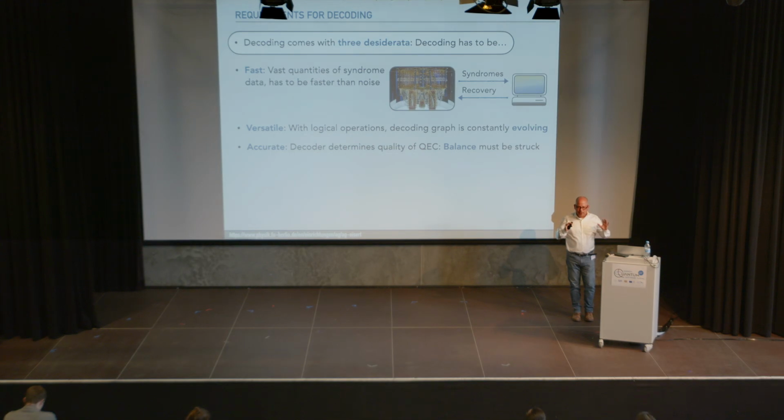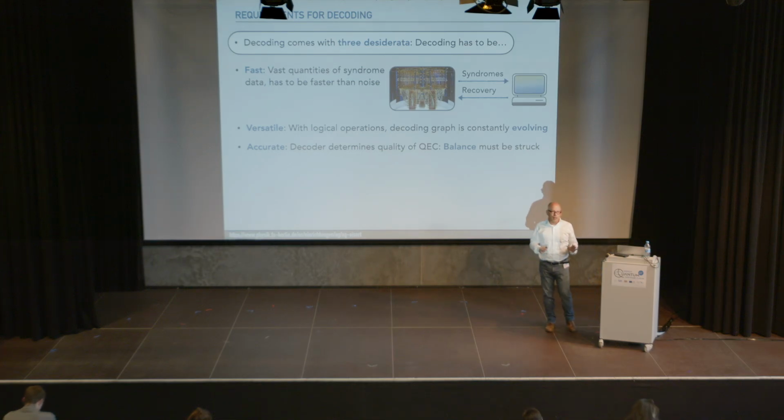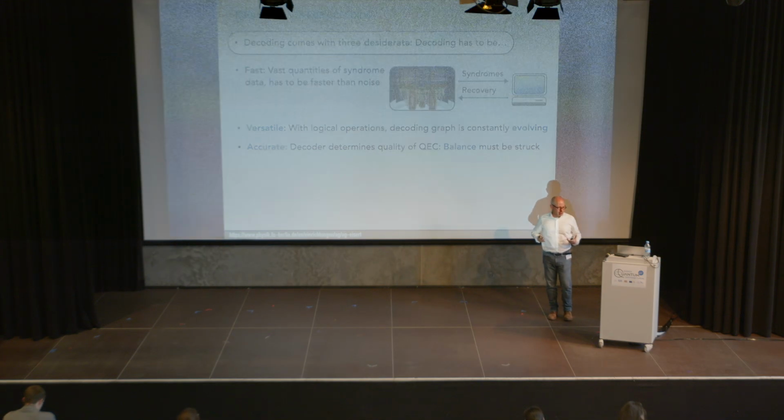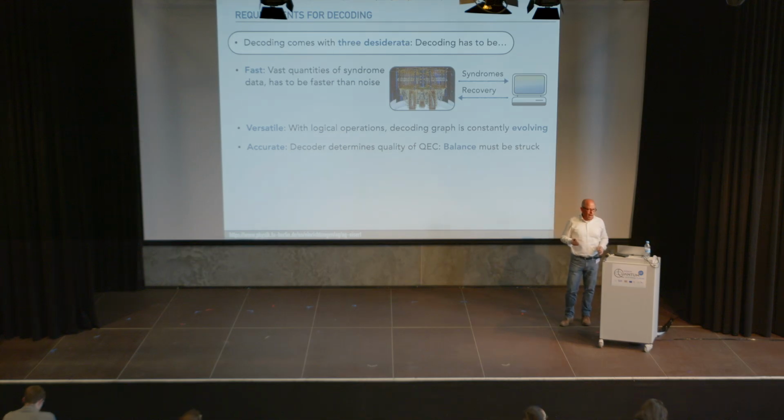So this has to be fast, but there's more to this. It also has to be versatile, meaning quantum memory experiments are not everything. That's one thing, but you also have to do logical operations. You want to implement actual circuits in a device, and then the decoding graph is constantly evolving in time, so you better use the previous settings in your scheme to make choices in the next steps.